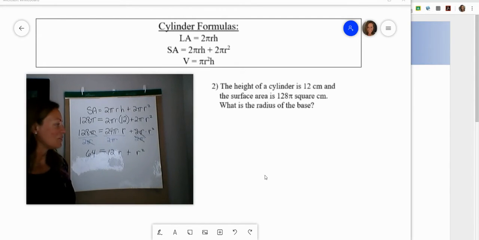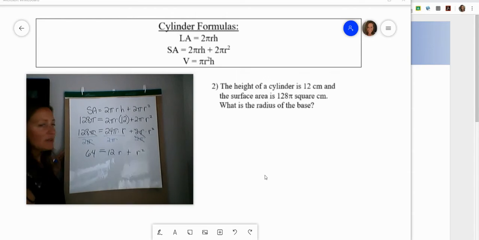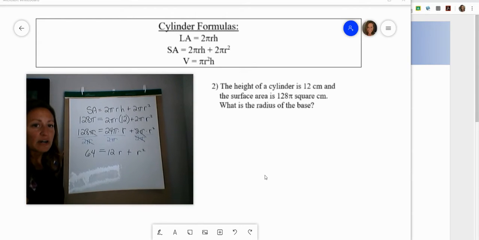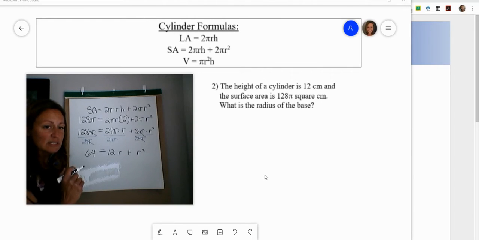So the great news is that we are going to review quadratic equations in geometry so that next year when you get to Algebra 2, you haven't completely forgotten and not seen one in a really long time. So we're going to take this equation, 64 equals 12R plus R squared, and put it into standard quadratic form, which is where all terms are on the same side of the equation equal to 0 on the other side.